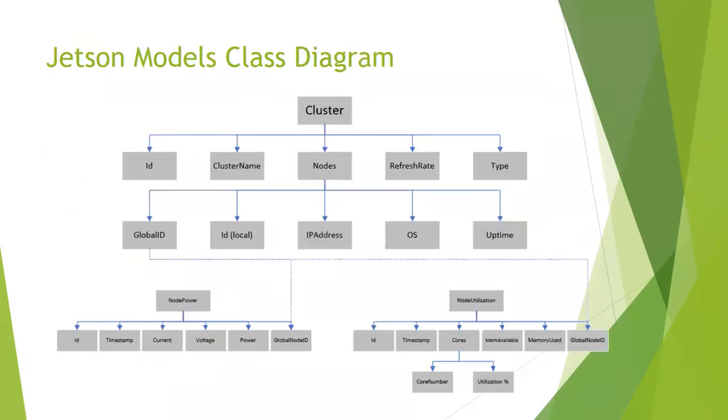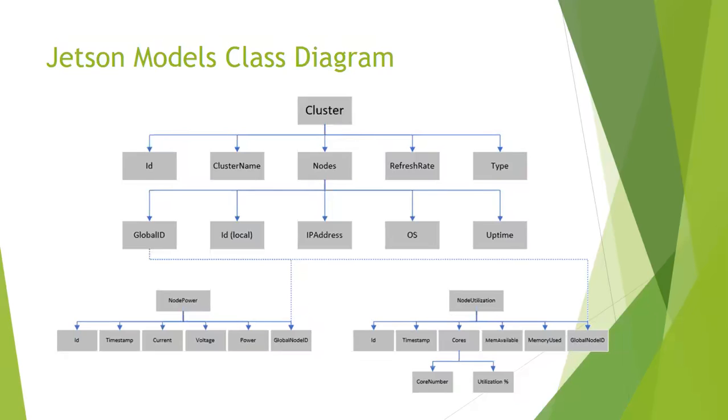And this is the overall class diagram for Jetson models. As you can see at the top, it's a hierarchical structure. The highest level entity is the cluster, which consists of nodes, as I said before, but it also includes the type of cluster, which should be something like a Jetson cluster, an Odroid cluster, or a generic cluster, which is definable in the configuration file when the cluster is set up initially.